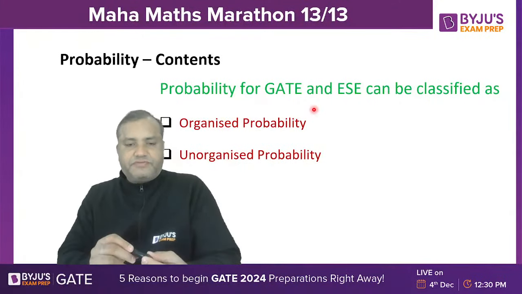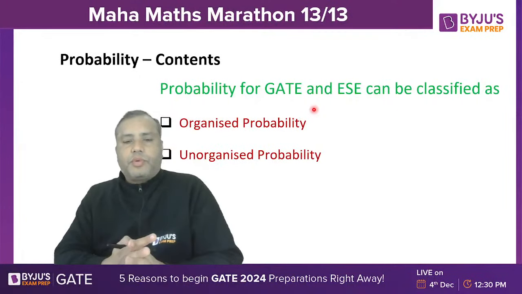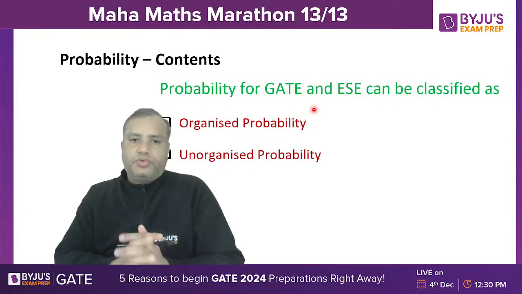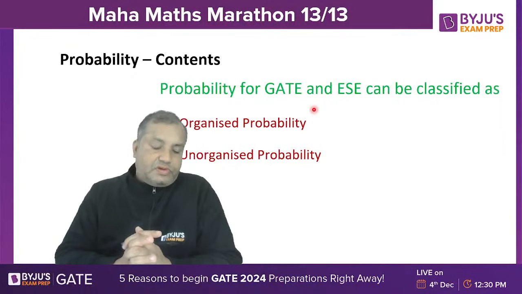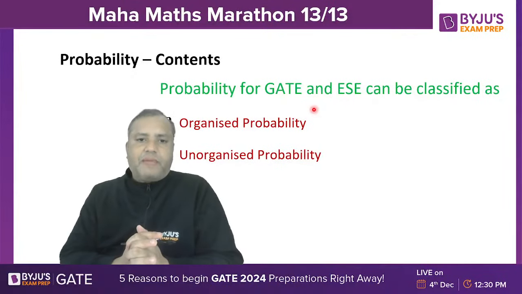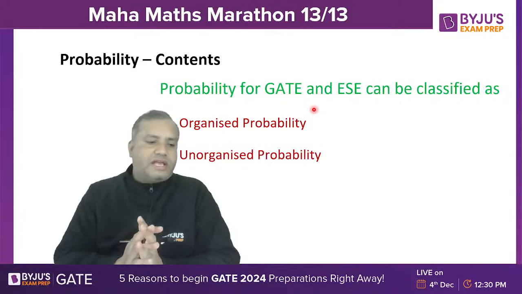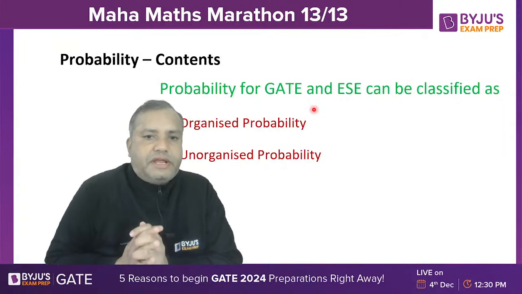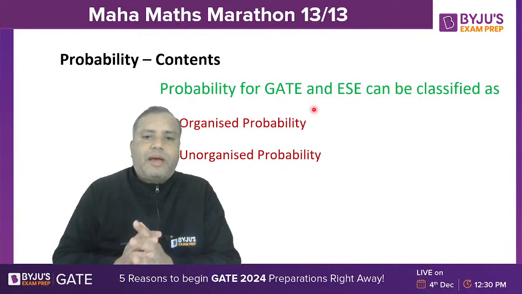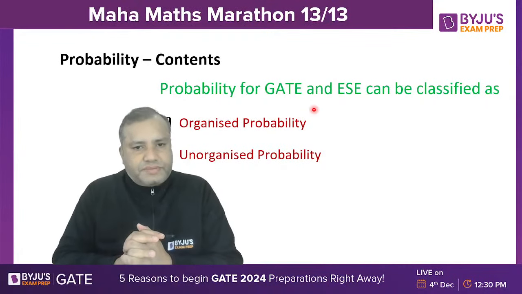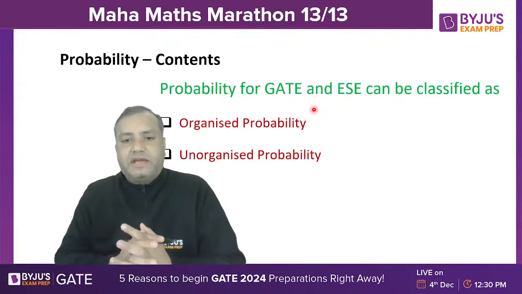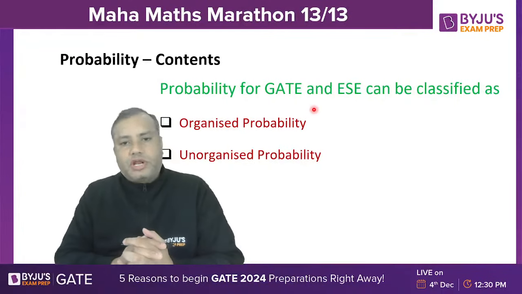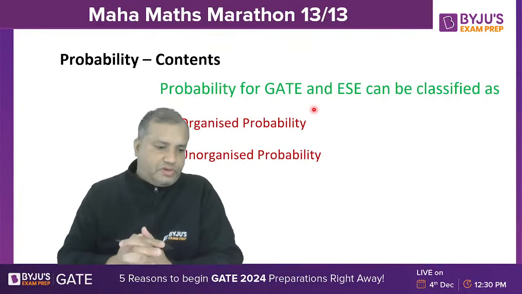So I just classified the entire probability syllabus in two categories while teaching for engineering students for GATE. Organized probability implies probability distribution and unorganized probability implies the concepts like event based questions, total probability and Bayes theorem.